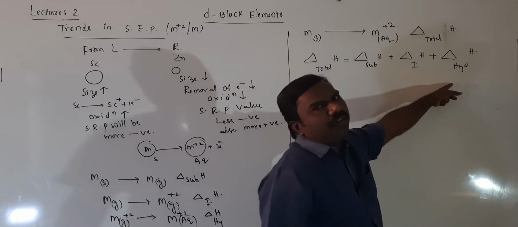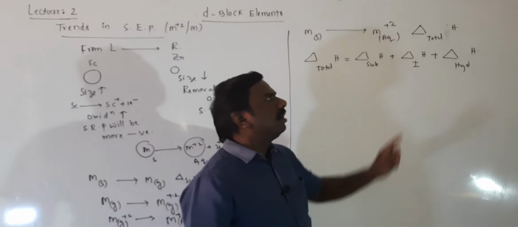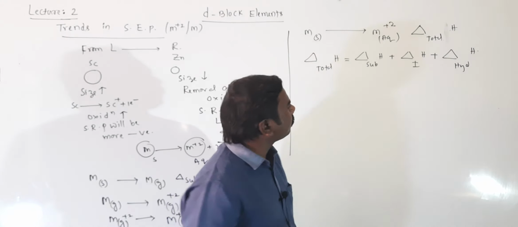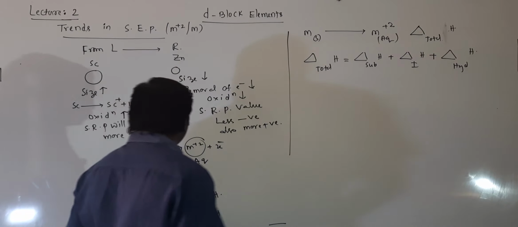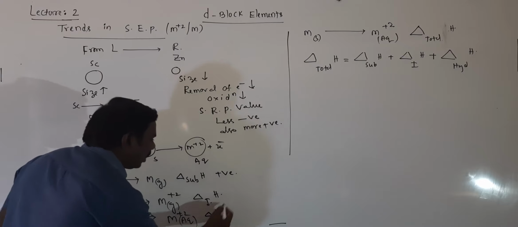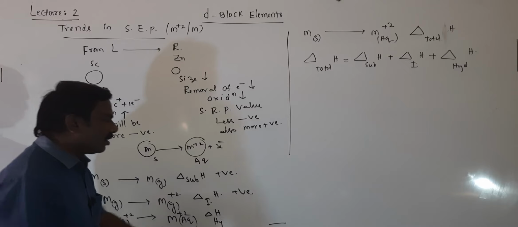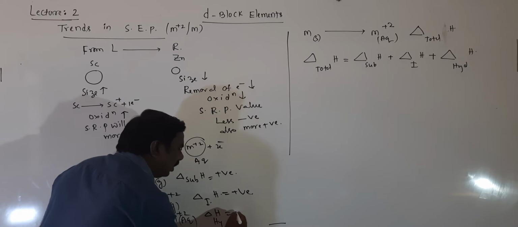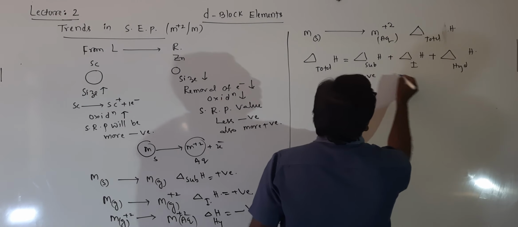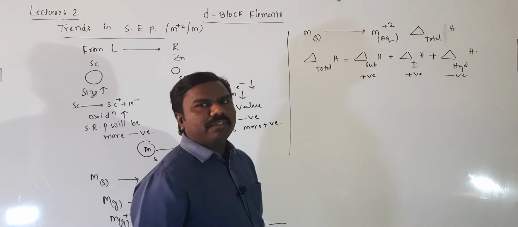Only with these three phenomena is solid metal converted into the metal ion, which exists in this oxidation state and is stable. Sublimation requires energy, so it is positive. Ionization requires energy, so it is positive. Hydration releases energy, so it is negative. Is everyone following?